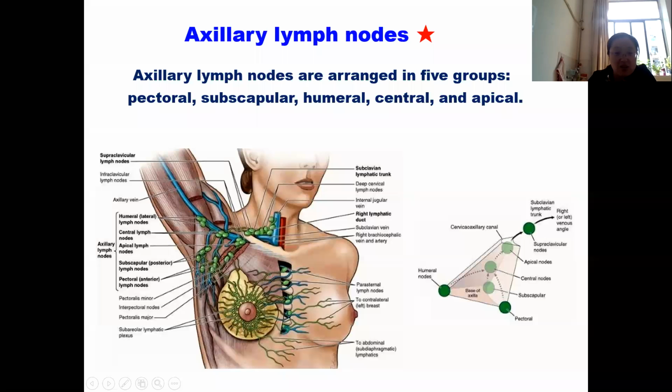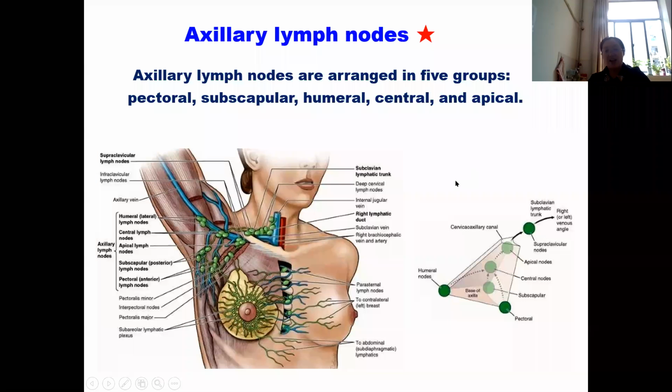These three groups, the posterior group, anterior group, and lateral group, all drain into the central group, and the central group drains to the apical group.